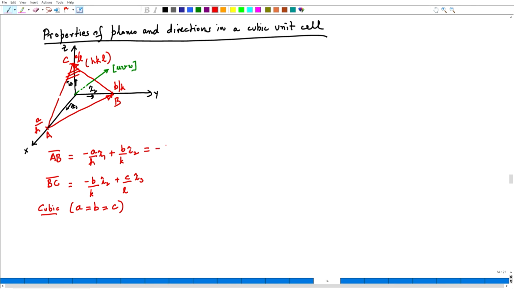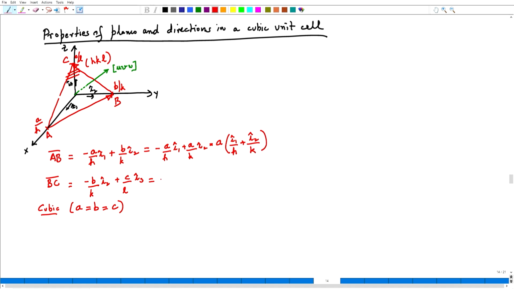So, it would be minus a upon h I1 plus a upon k I2, which, taking a common, is a times minus I1 upon h plus I2 upon k.